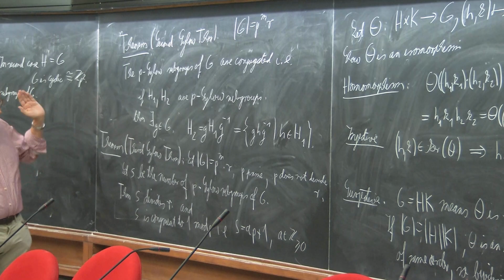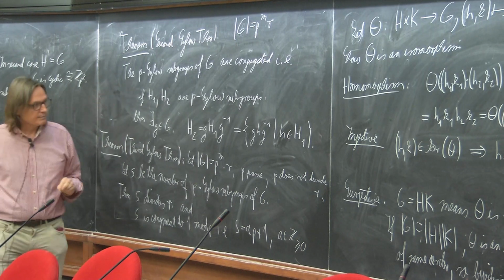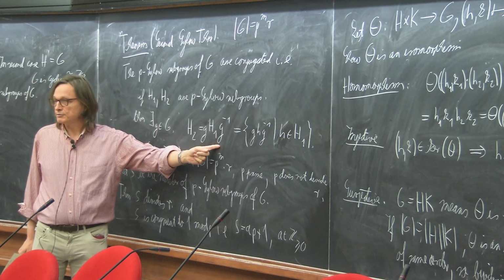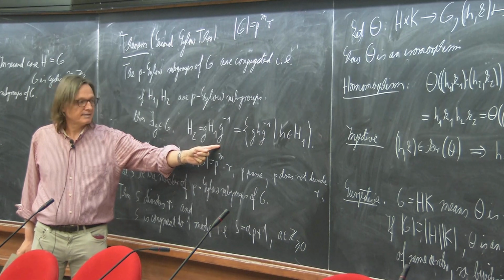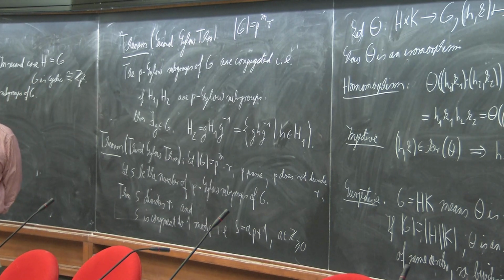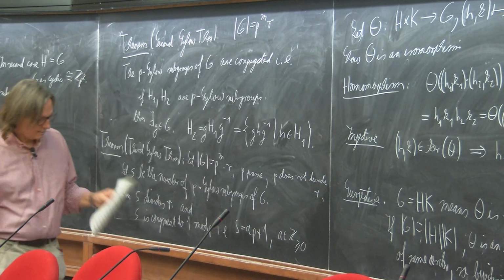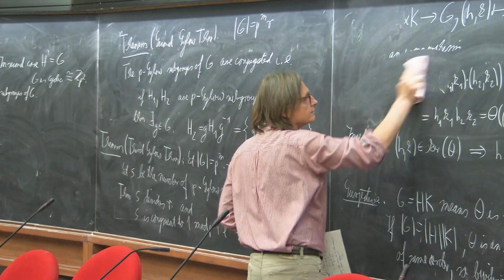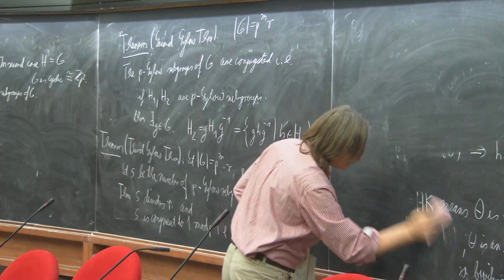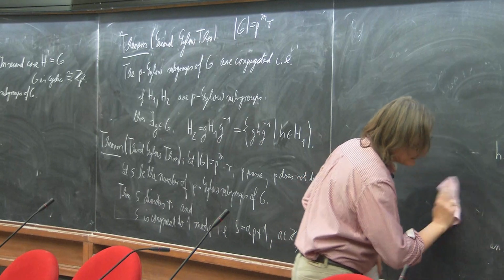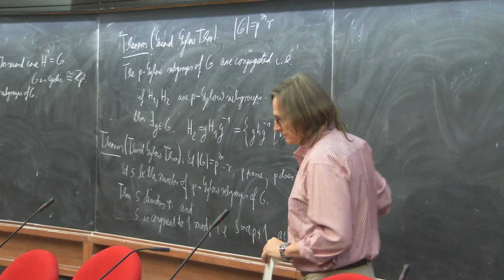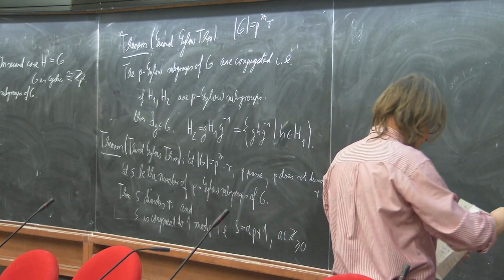Because if you conjugate it, you get another P Sylow subgroup. But if there's only one P Sylow subgroup, it means that it must be the same as the group you started with. So maybe I write it down, because this is a standard trick. Obviously, it's the simplest way. Life is not always so easy, but the simplest way how one can prove that our group has a normal subgroup is in this way.